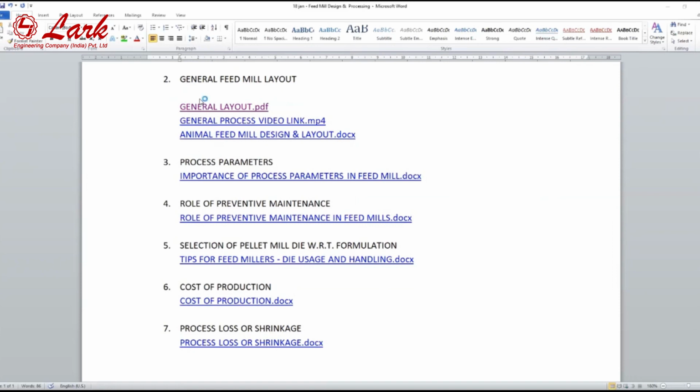Then a very important part of a feed mill, die life and die selection. Because we all know that the die behaves differently in different parameters and with different formulations. Layer feed and breeder feed are hard in formulation, having calcite, fiber, and less oil content.